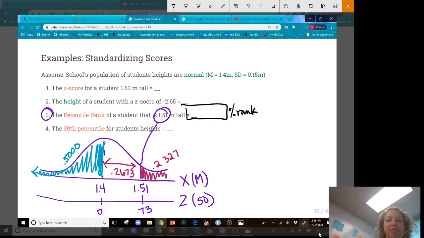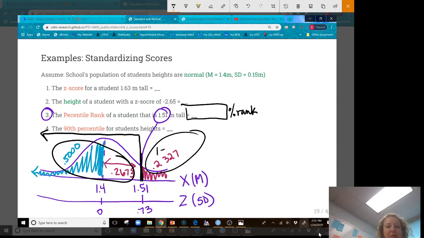One way is to add those two together. The other way is to subtract this from 1. Both of those should give us the answer of, let's see, 76.73, because it said percentile rank.